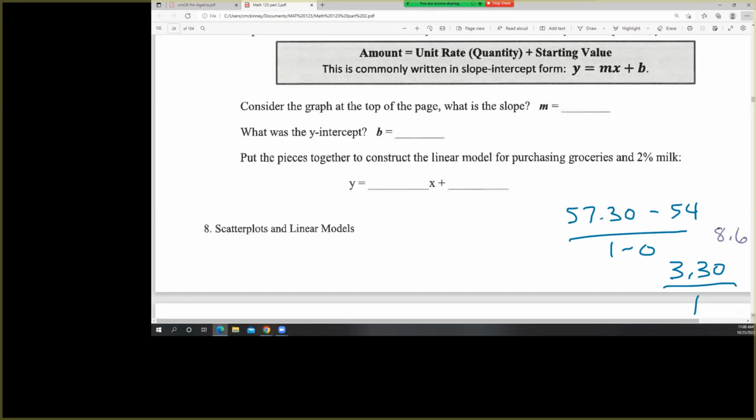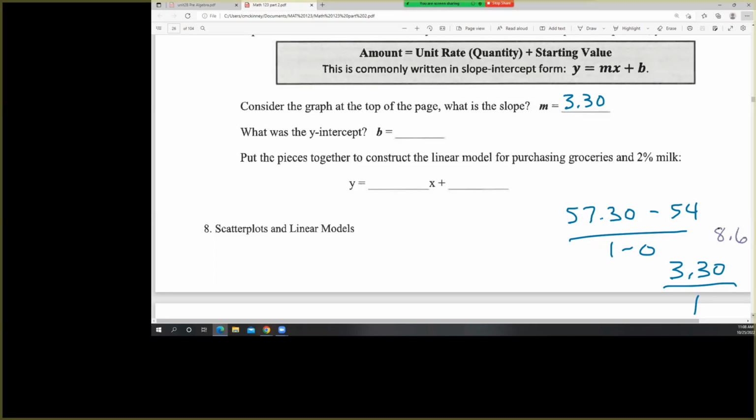But I could have used 2 other points. I could have used the one for 6 gallons and 4 gallons. I would have subtracted and got 660, but I would have had to divide by 2. So our slope is 330.